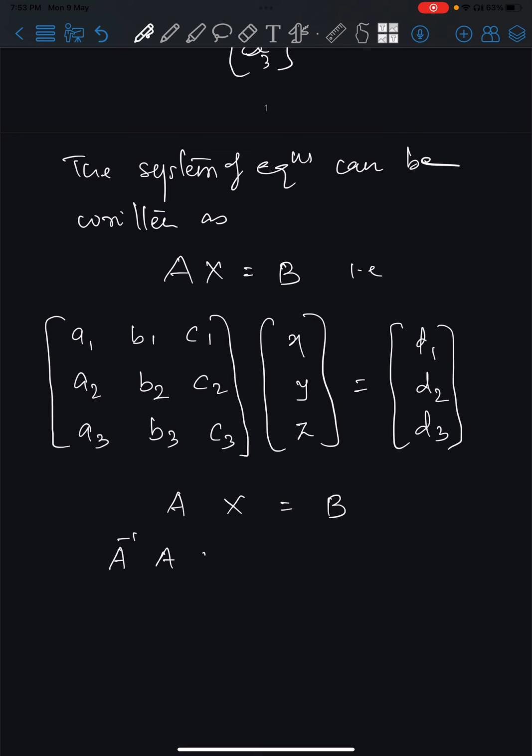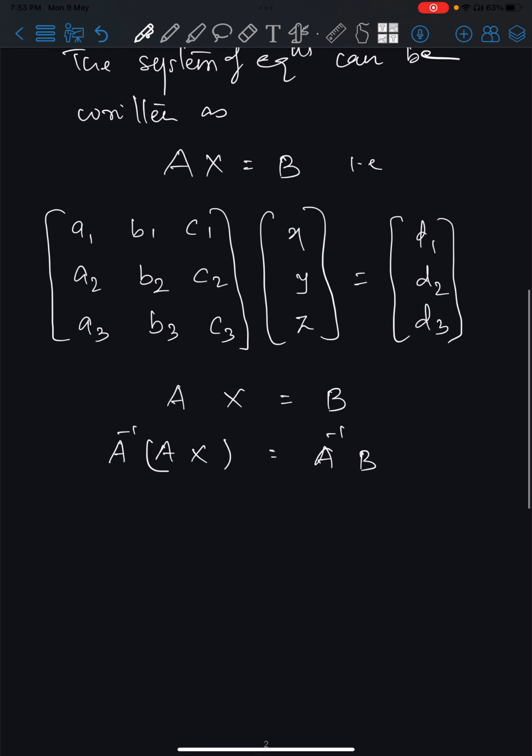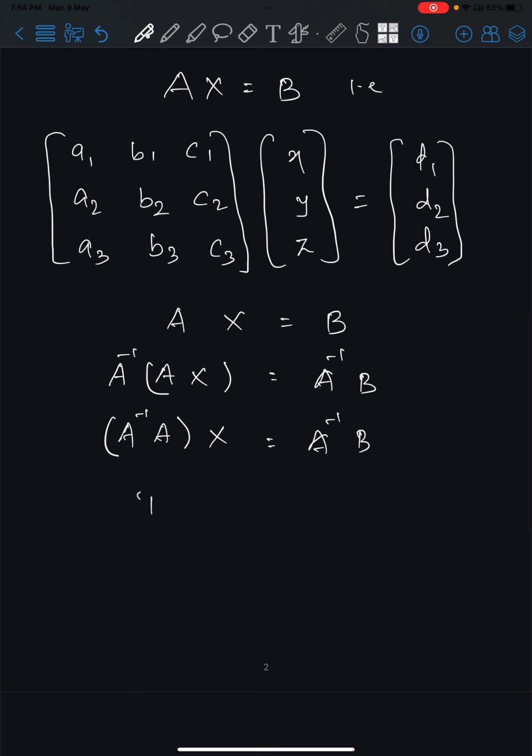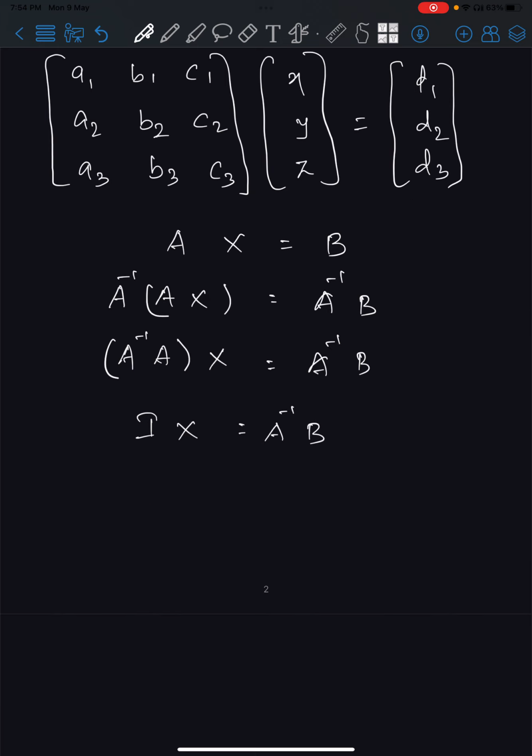It will be A inverse AX is equal to A inverse B, and then you can take this as A inverse A into X is equal to A inverse B. A inverse A is the identity matrix, so IX is equal to A inverse B, and I into X is X, so X is equal to A inverse B. So you can find the solution of the variables X, Y, Z by taking the inverse and multiplying with the matrix B.